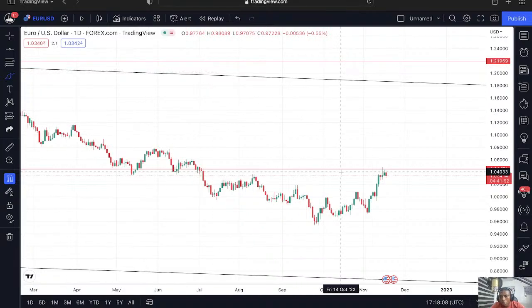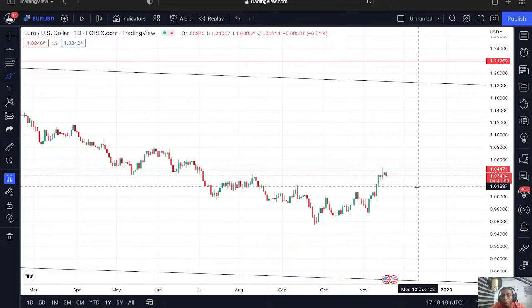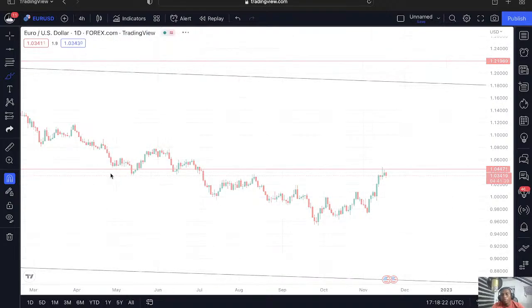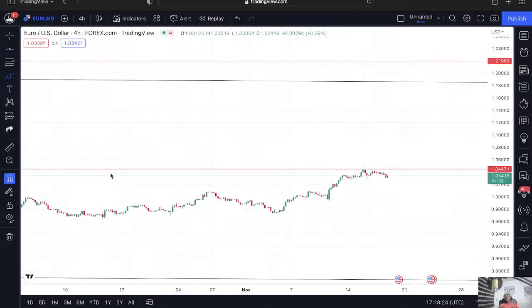Awesome. So what do we expect here? In the long term, when price keeps lingering on this level here, we are expecting a potential breakout. Let's go to the lower time frame to see if we can spot more opportunities.